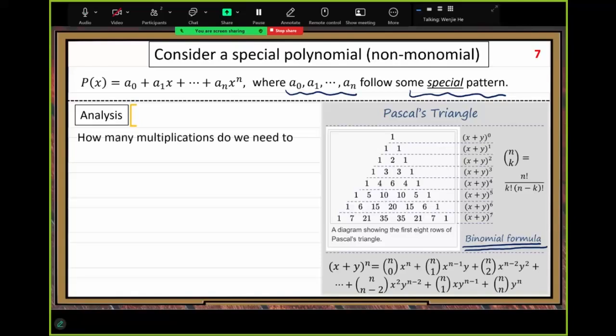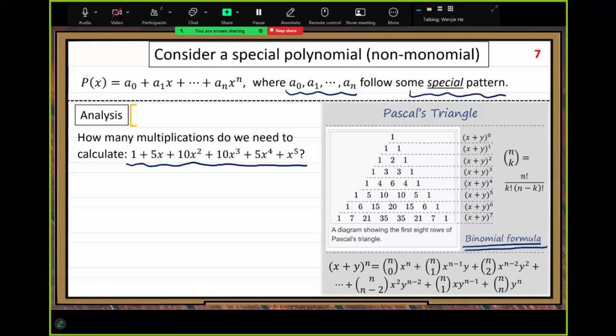The question: how many multiplications do we need to calculate this? Here I use a special example, a simple example to show you the main point. The last missing piece, remember? I talked about that last missing piece. Now, we want to calculate this special polynomial because there is some special pattern in the coefficients.